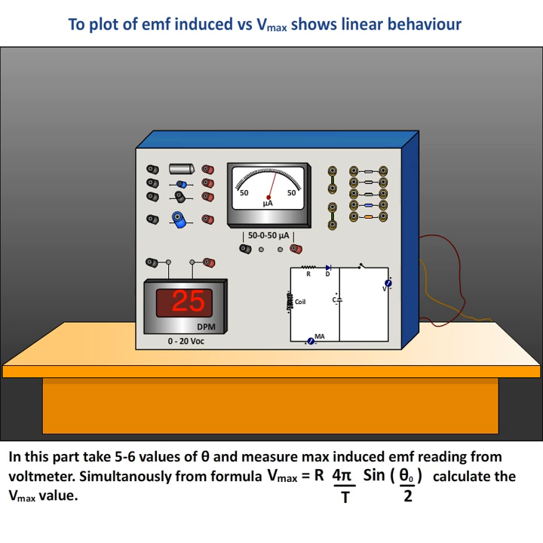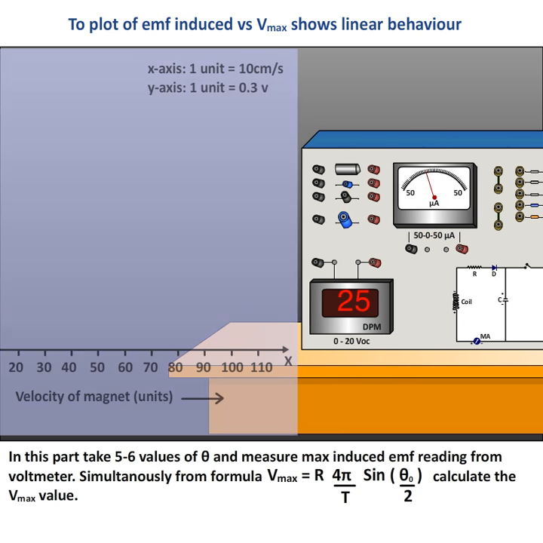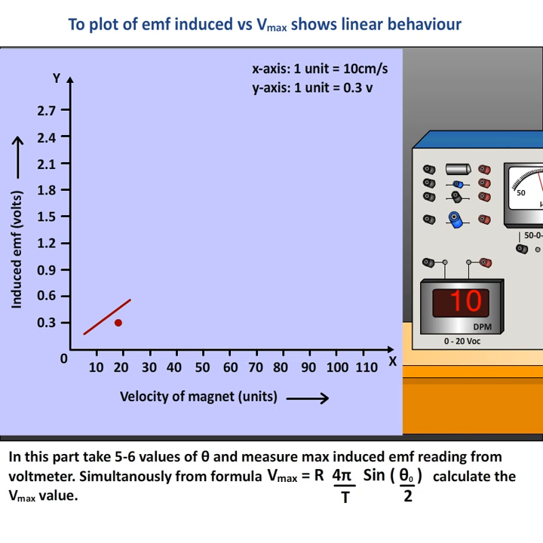The induced EMF is displayed on the screen of the voltmeter. Note the maximum induced EMF for different values of theta. Also calculate the maximum velocity from the formula mentioned on the screen for different values of theta.